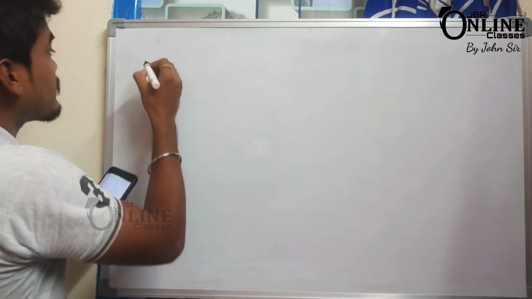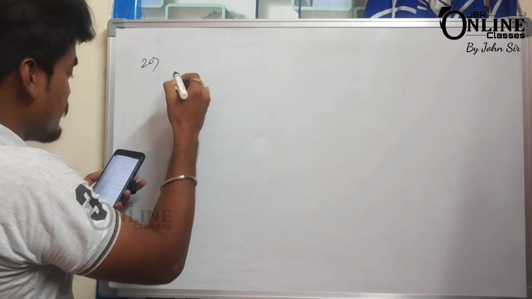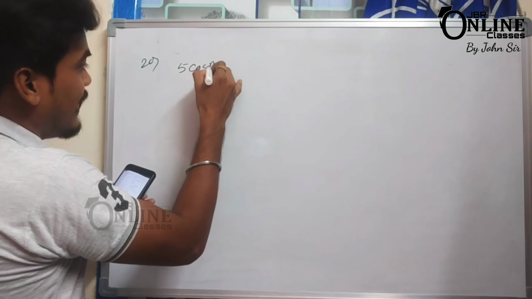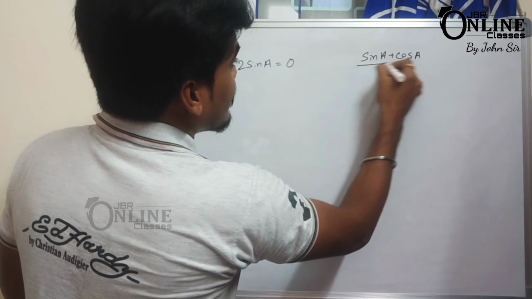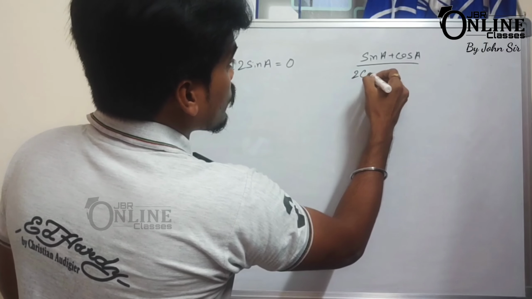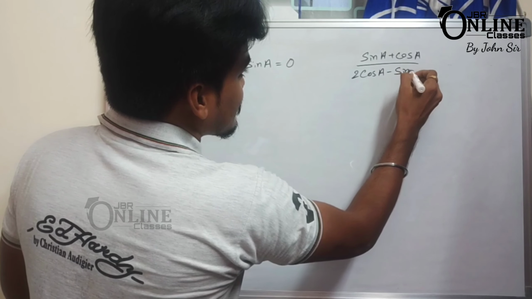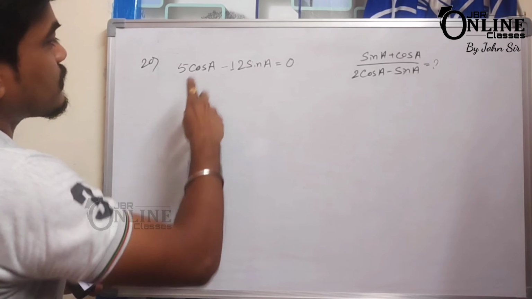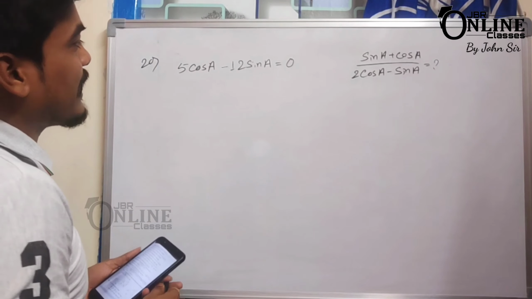Now the next one, sum number 20. In sum number 20, 5 cos A minus 12 sin A equal to 0. Now you have to find out sin A plus cos A divided by 2 cos A minus sin A. So here 5 cos A minus 12 sin A equal to 0.